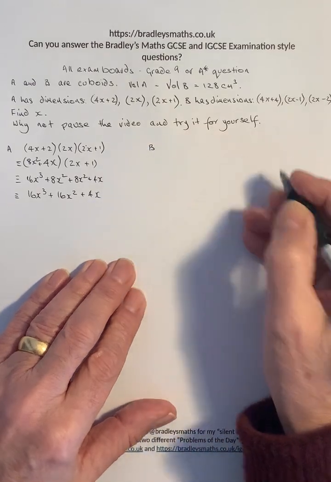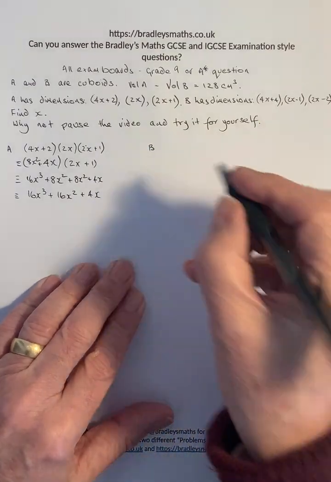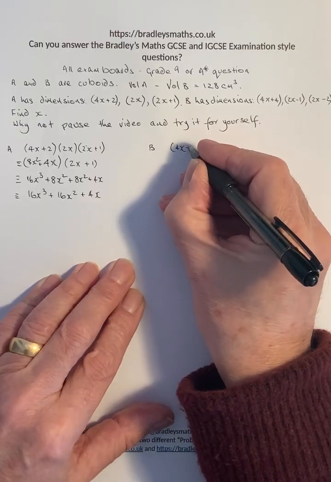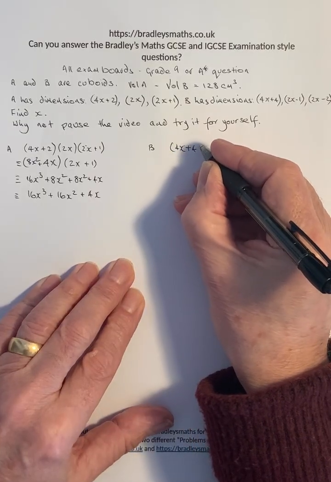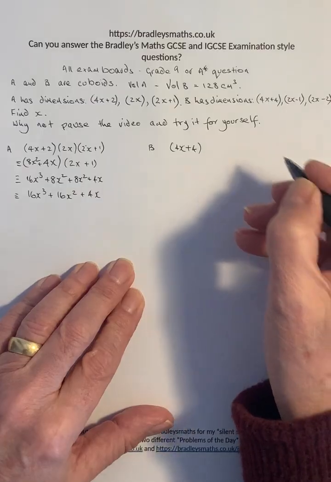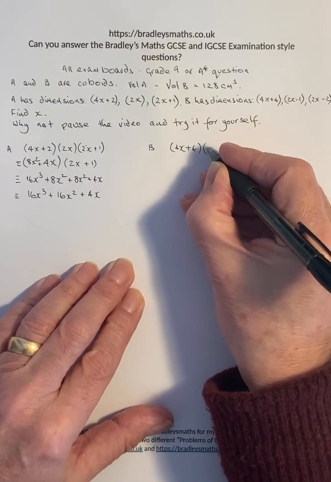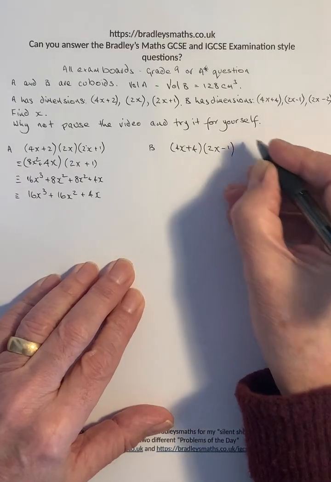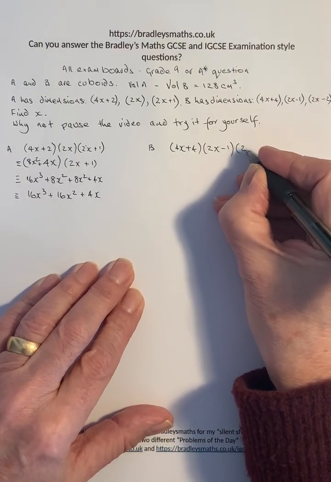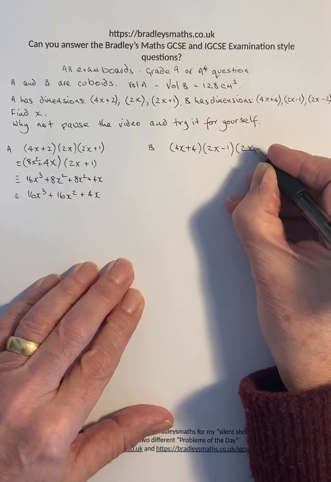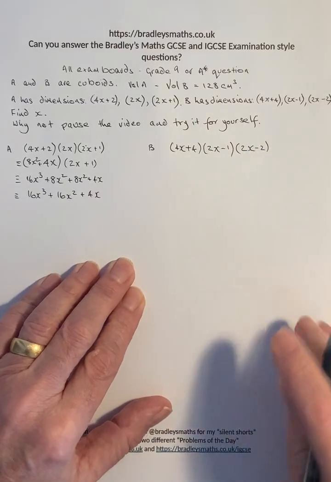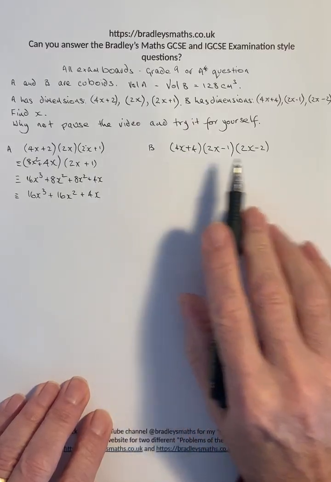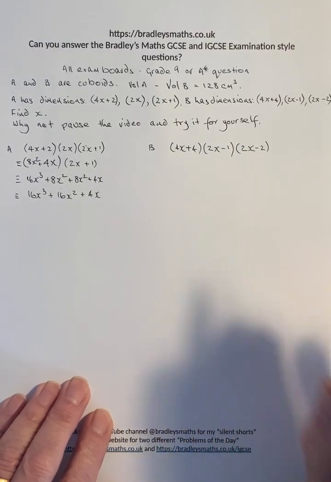So B, we do exactly the same thing, 4x plus 4 times 2x minus 1 times 2x minus 2. Now we could, at this stage, factor 4 out of here and factor 2 out of there, but I'm not going to.